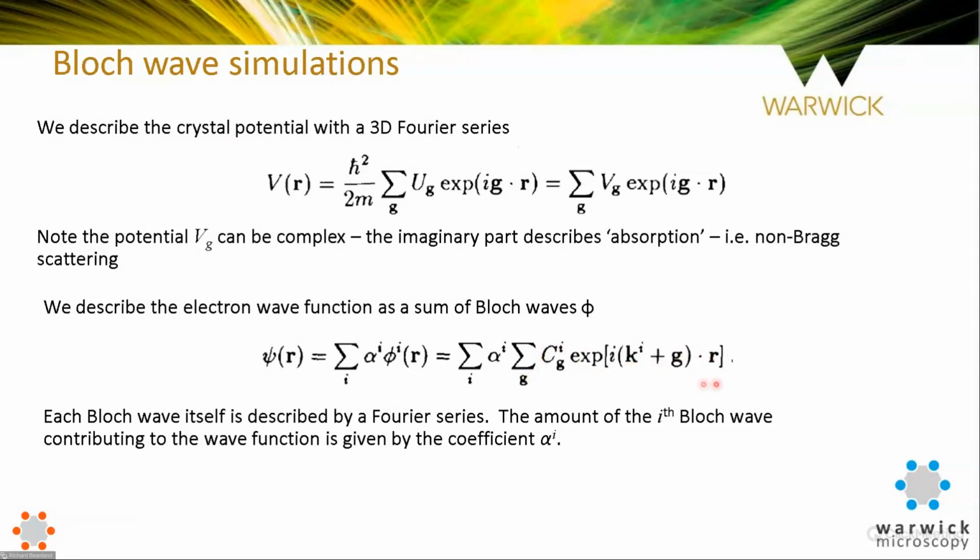So here is a Bloch wave described as a sum of plane waves. Bloch's theorem says that you only need to consider Fourier components that are the same as a reciprocal lattice. So that simplifies things a lot. And then you have each one of these Bloch waves, you then add them all together with various different weights, and that gives you your total electron wave function.